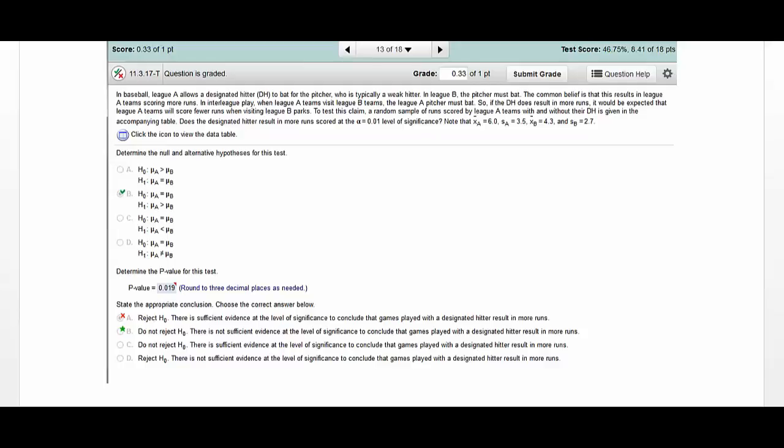So if I only get excited if it's 1% or less, and I've got a sample that shows up 1.9%, even though it's small, it's larger than what I defined as the significance level. So therefore, we wouldn't consider this to be significant. So there's not sufficient evidence to suggest that anything interesting is happening. So we are going to fail to reject the null. So that's what that says right there.